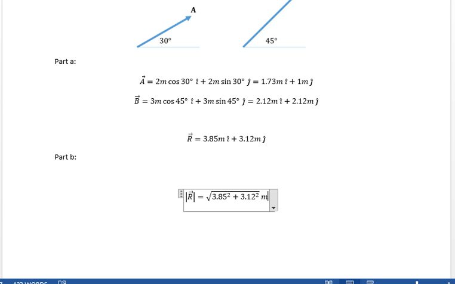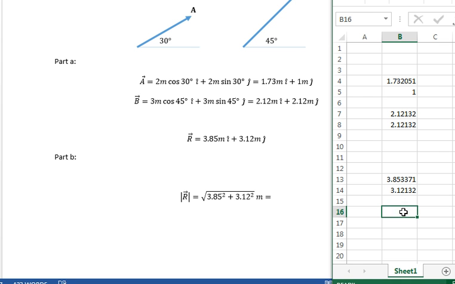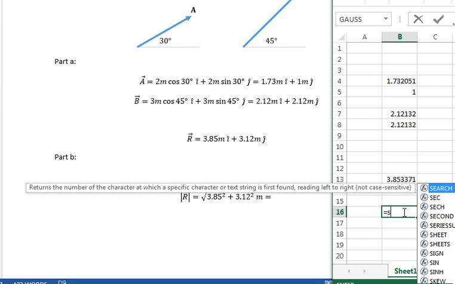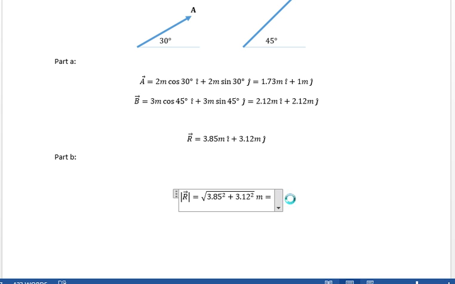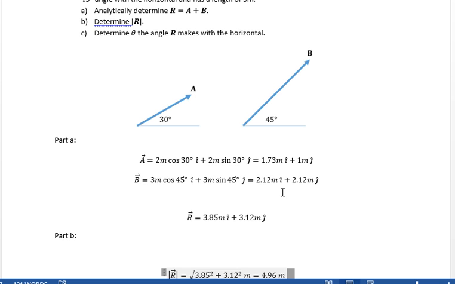That's going to be in meters, right? So it equals the square root of 3.85 squared plus 3.12 squared, 4.96. All right, and that doesn't have a direction. That's just the length of R is 4.96.